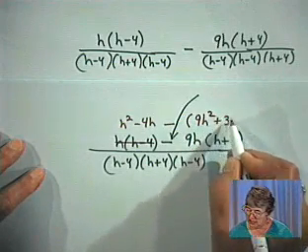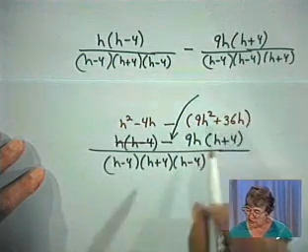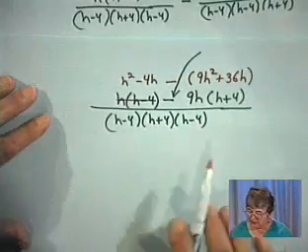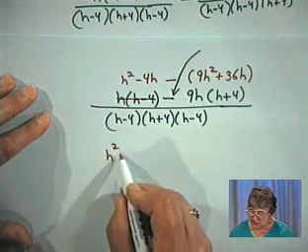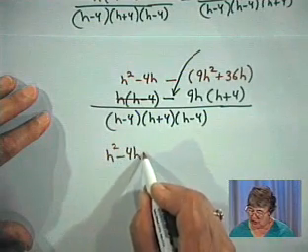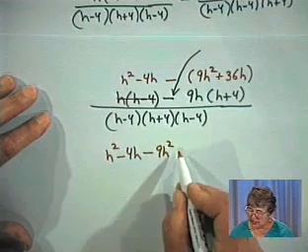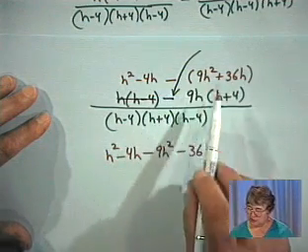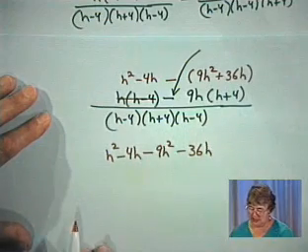h plus 4 is going to be 9h squared plus 36h. But remember, there's a negative in front of all of that. Okay, when we pull the negative through, then we're going to have h squared minus 4h minus 9h squared minus 36h. Remember that a negative in front of an expression changes the signs inside the expression.